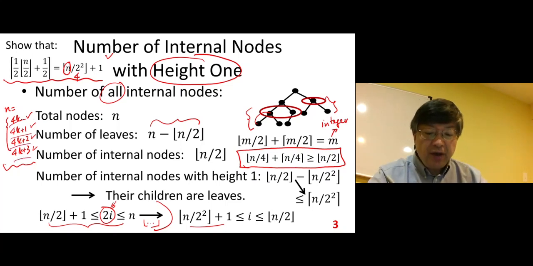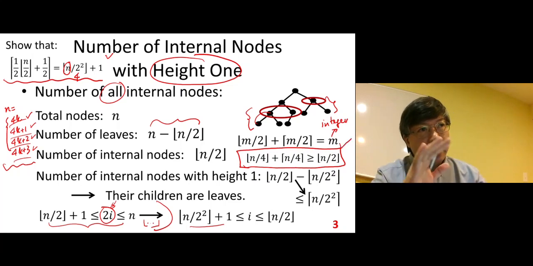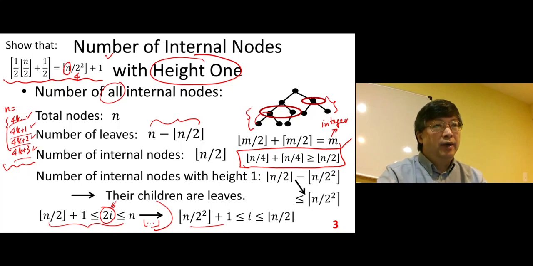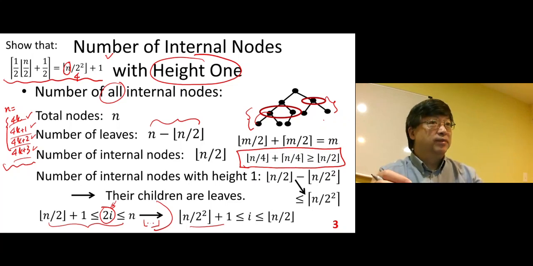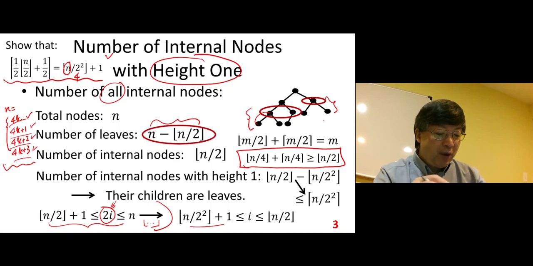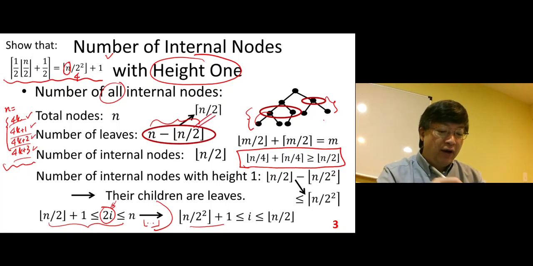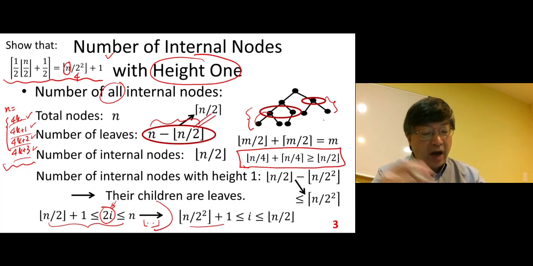So you can easily verify this formula for those n. Here I'm going to repeat that part. Now we have this formula. For this part, that's the equal one. Then for the others, we use inequalities.